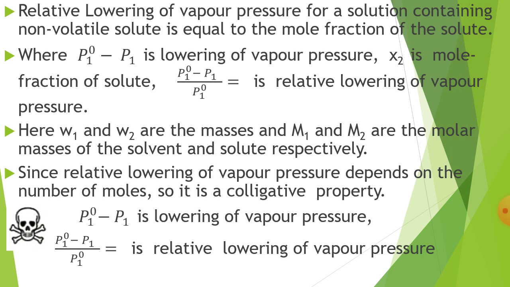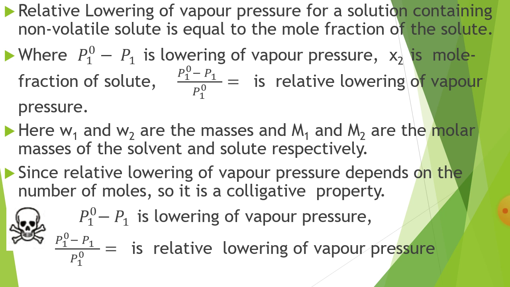Next, the relative lowering of vapor pressure of a solution containing a non-volatile solute is equal to the mole fraction of the solute. This is the definition of relative lowering of vapor pressure, where P01 minus P1 is the lowering of vapor pressure, x2 is the mole fraction of solute, and (P01 minus P1) divided by P01 is the relative lowering of vapor pressure.